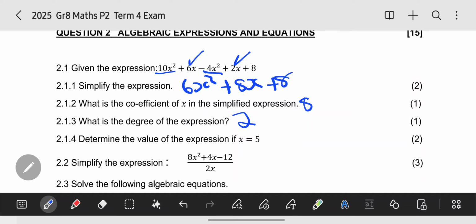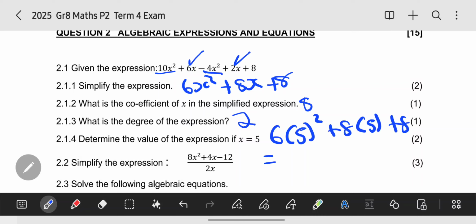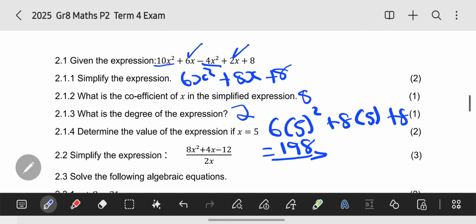So the answer is 2. Determine the value of the expression if x equals 5. Where there is x, we put 5. It's going to be 6 into 5 squared plus 8 into 5 plus 8. When you press your calculator, we are going to have 198. So 198 is our answer.